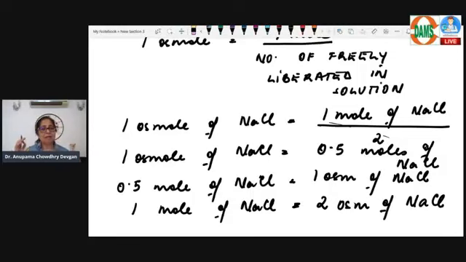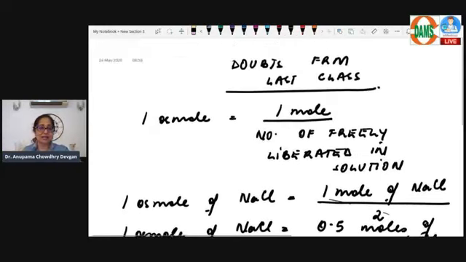So remember, a mole of any substance will be equal to the number of freely moving particles. If it liberates 2 freely moving particles, 1 mole of that substance will be equal to 2 osmoles of that substance. If it liberates 3 freely moving particles, 1 mole will be equal to 3 osmoles. So this was a common doubt from last class.